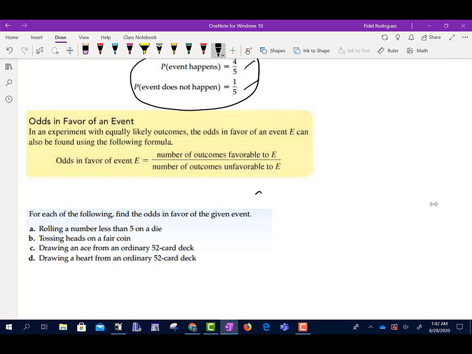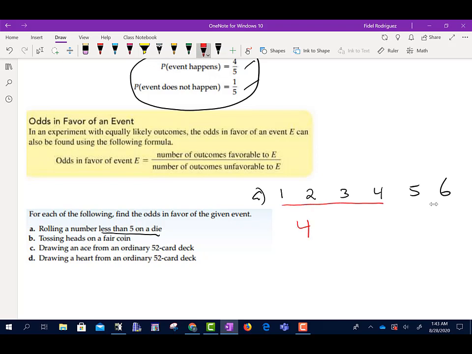It says, for each of the following, find the odds in favor of the given event. Part A says rolling a number less than 5 on a die. When we roll a die, we can end up with a 1, 2, 3, 4, 5, or 6. We want the odds in favor of rolling a number less than 5.